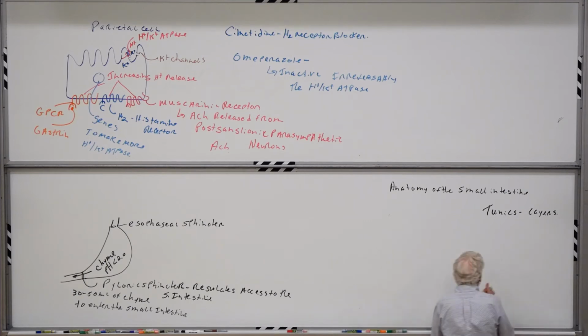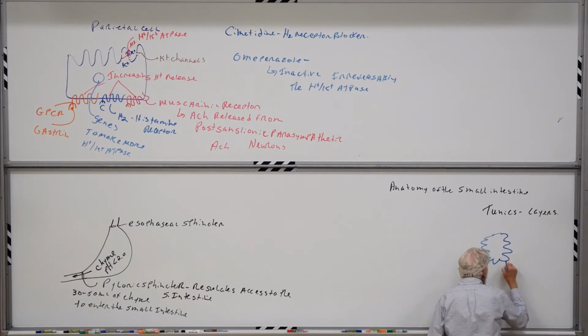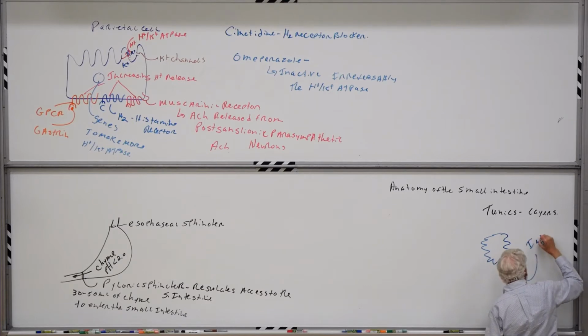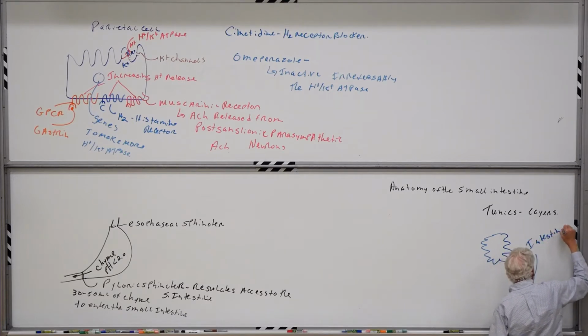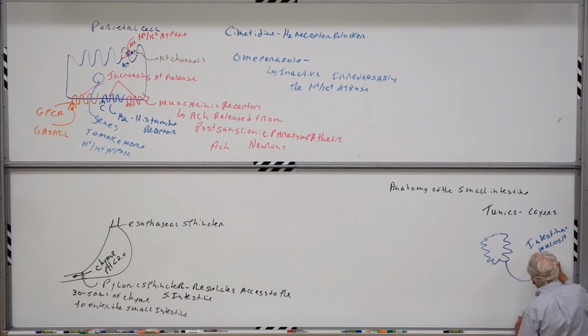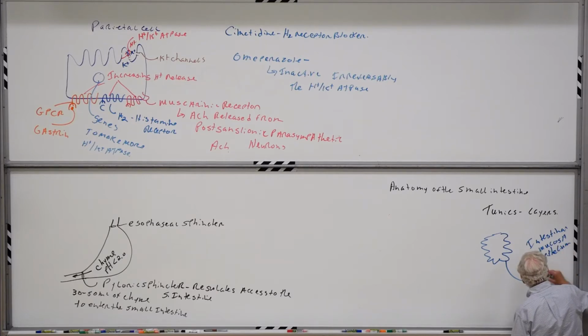I'll start here with a kind of squiggle. This is meant to be the mucosa. This is the intestinal mucosa. It, too, is an epithelium and areolar connective tissue.